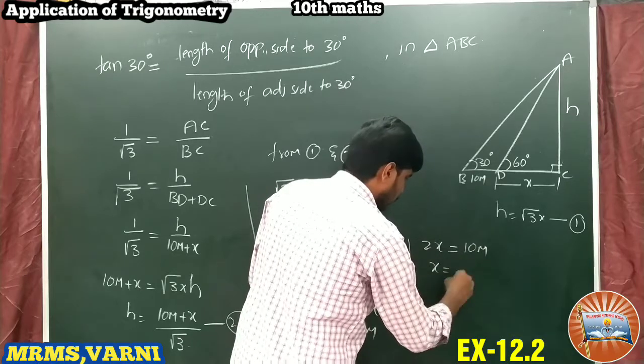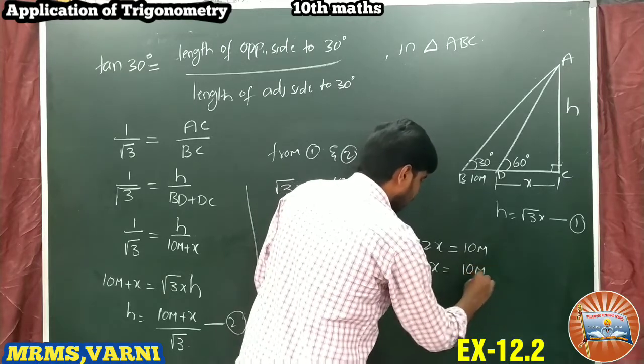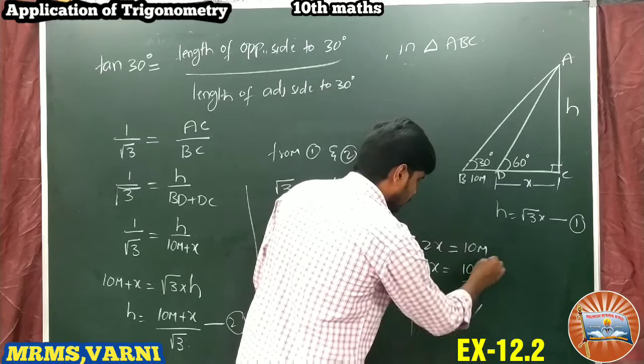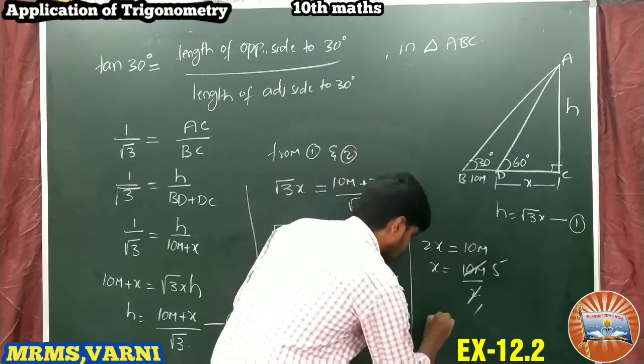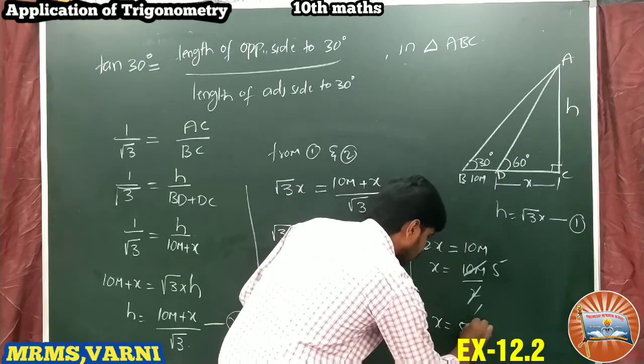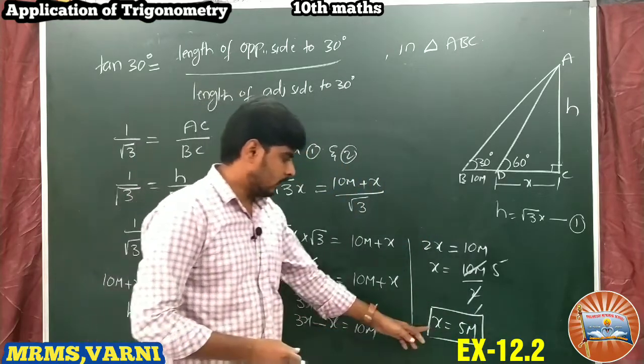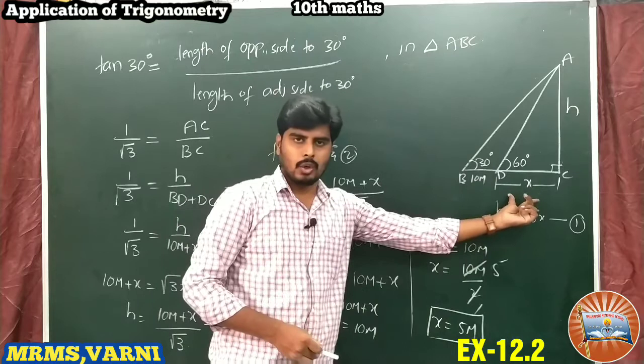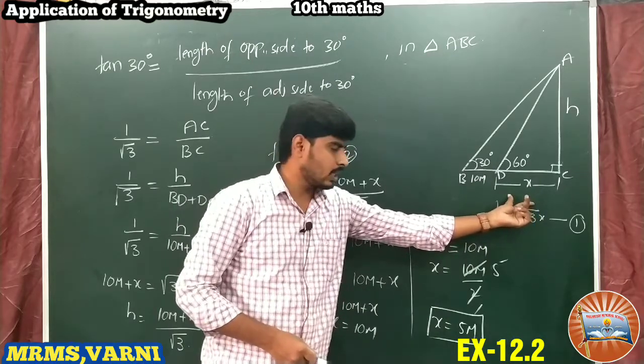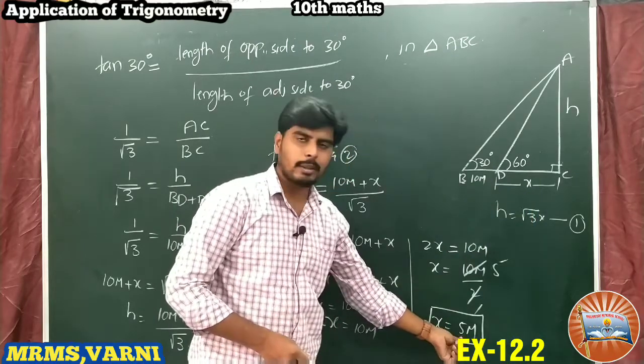So transpose 2 to RHS side, 10 meters by 2, 2 ones, 2 5s. So x value we got 5 meters. Okay, what is that x here? Width of the road, that is x we have considered. That is now we got 5 meters.